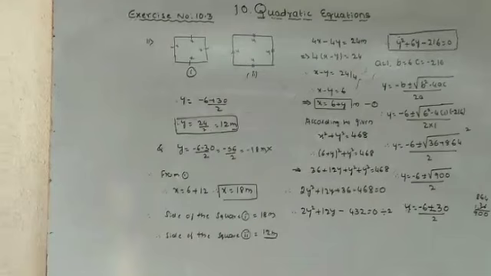So this is meaningless. Therefore the required speed is equal to 33 kilometer per hour. So this is the final answer. Is it clear?